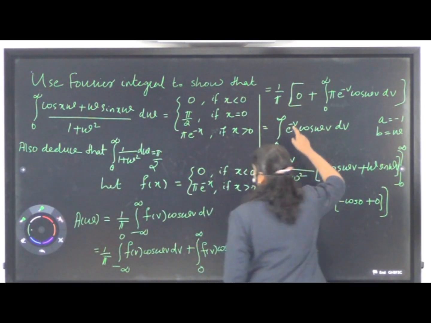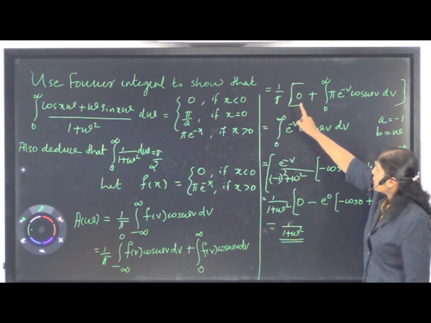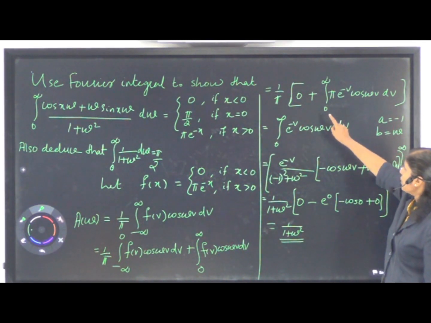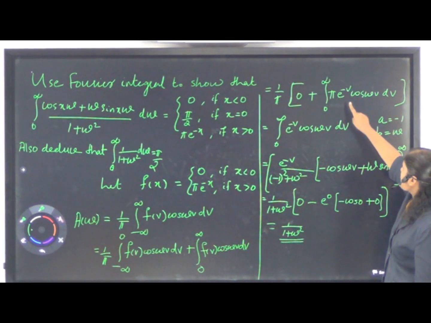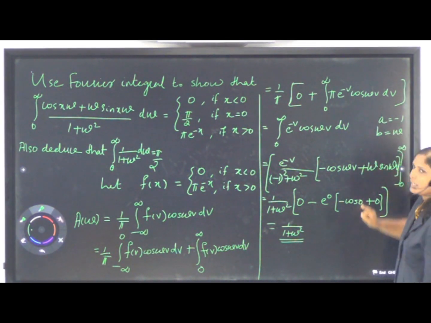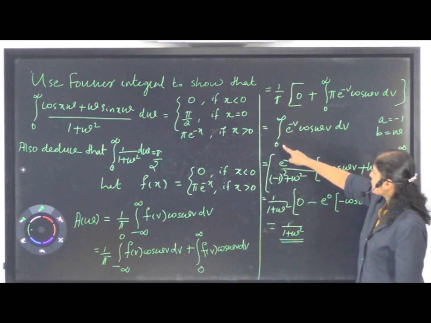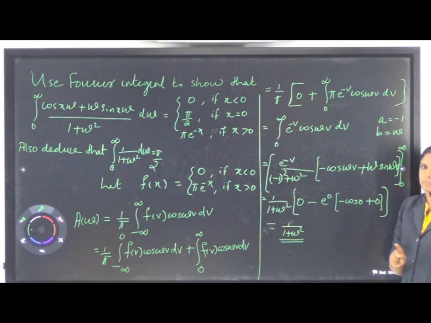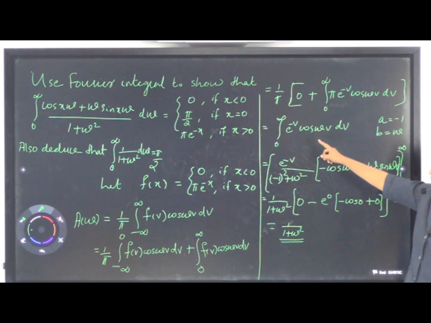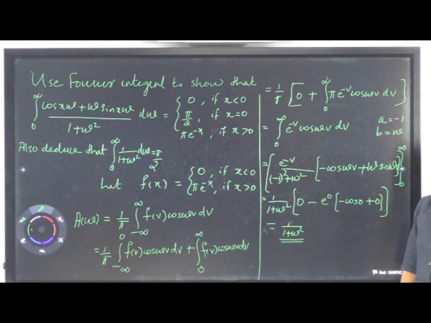So a of omega becomes 1 by pi into the integral 0 to infinity pi e raised to minus v cos omega v dv. That becomes integral 0 to infinity e raised to minus v cos omega v dv. Using the formula, integral e raised to ax cos bx dx is equal to e raised to ax by a square plus b square, a cos bx plus b sin bx.